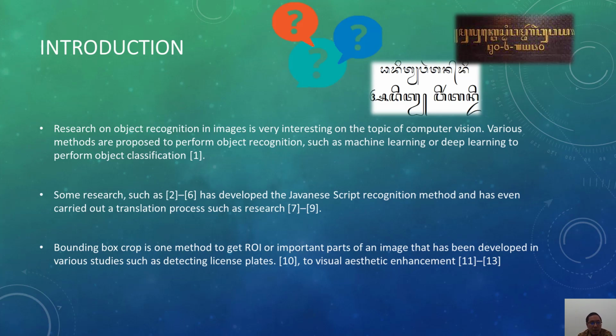Some research, such as references 2 to 6, has developed Javanese script recognition methods, and has even carried them out on the translation process, such as references 7 to 9. Bounding box cropping is one of the methods to get the ROI, or important parts of an image, and has been developed in various studies, such as detecting license plates.